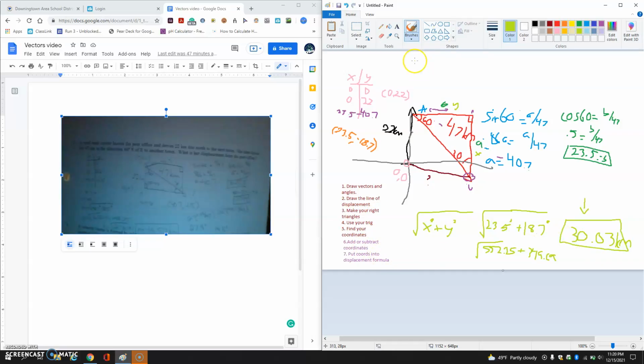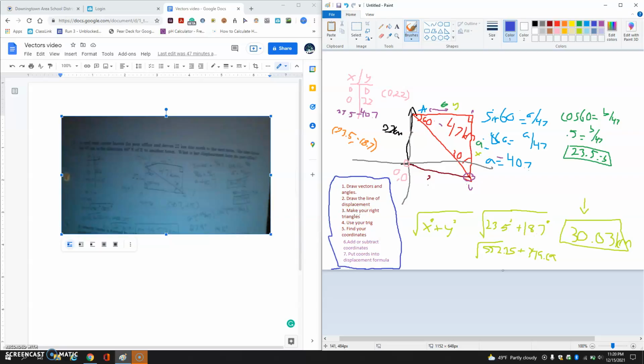So yes, there are a lot of steps, and they're all confusing. But I want you to try and remember these, because these seem to be right. So let me just go over them one more time.